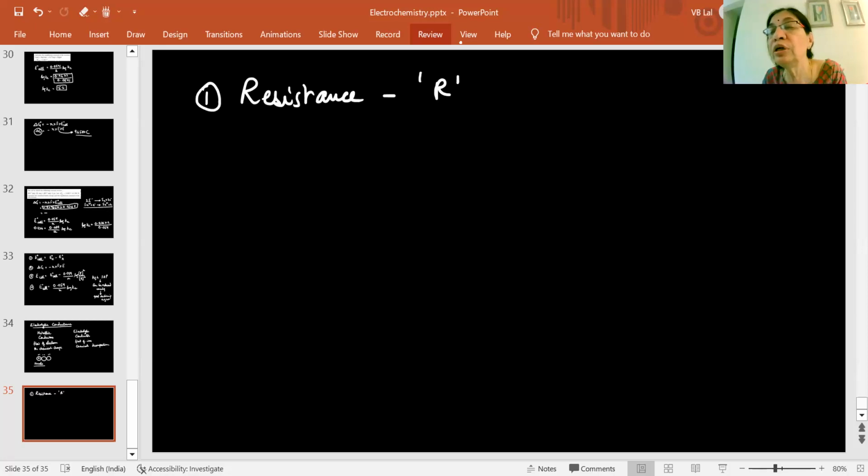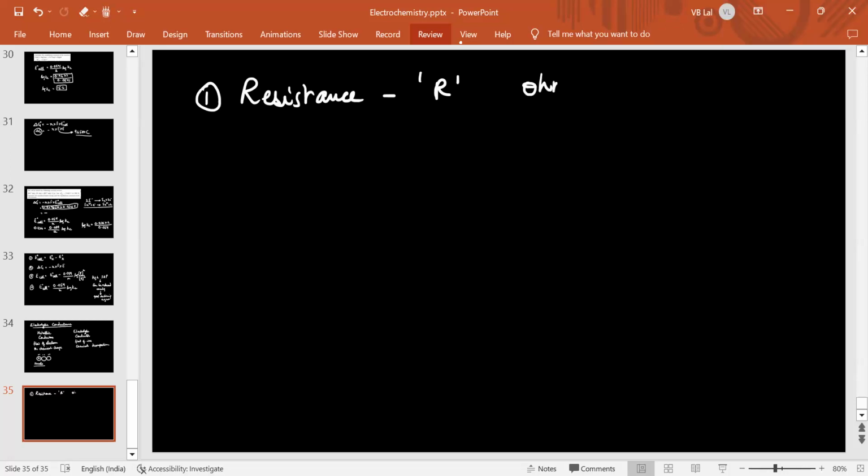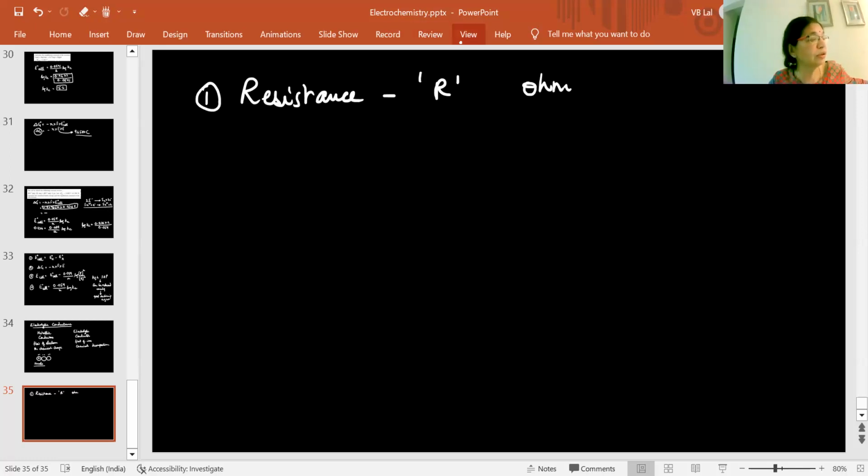And what is the unit of resistance? Hari Raga, what is the unit of R? Ohm. The unit of R is ohm. Okay, so you express it in ohms. So that is resistance. Then the opposite of resistance is what?